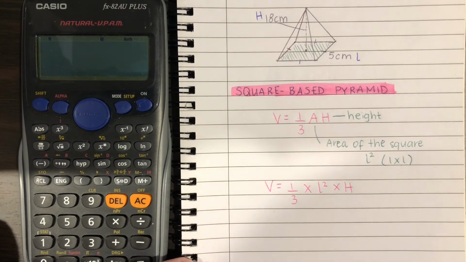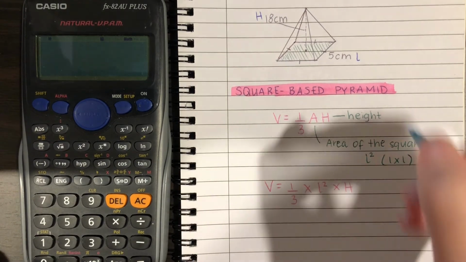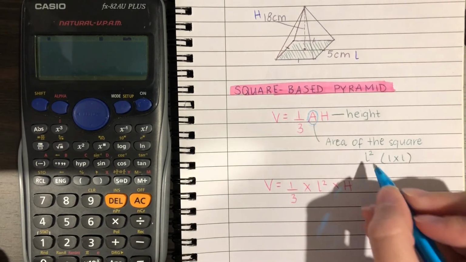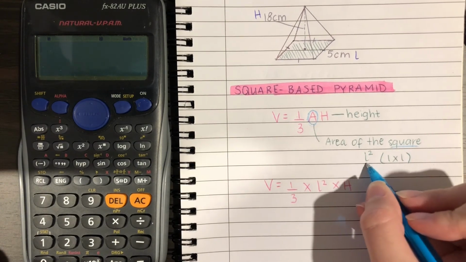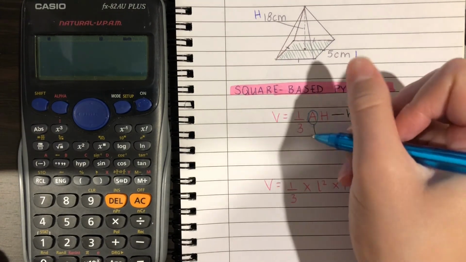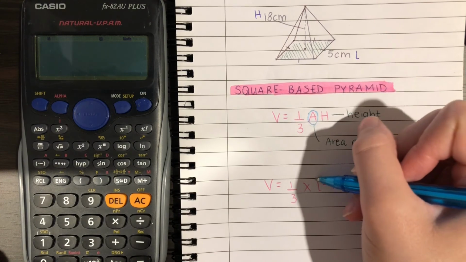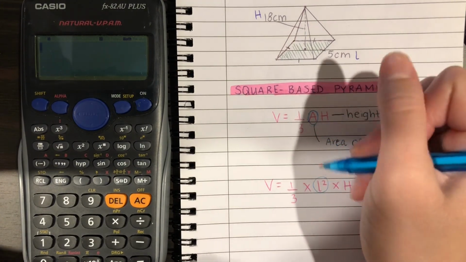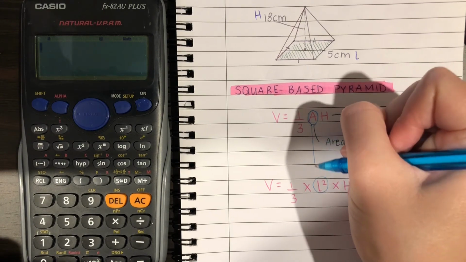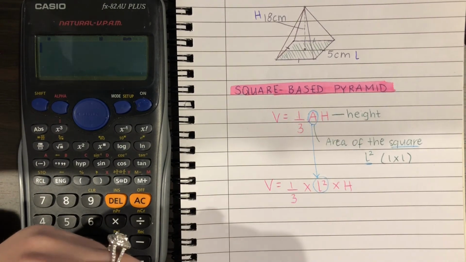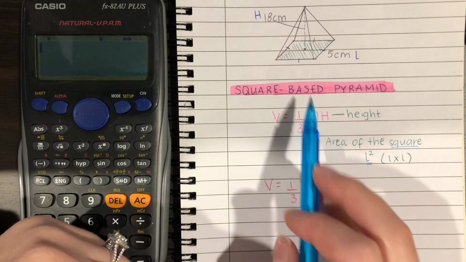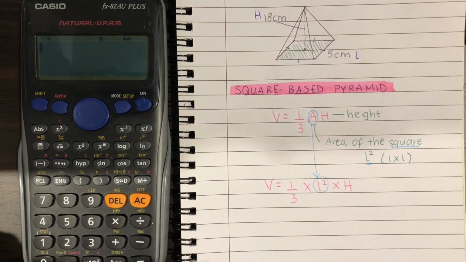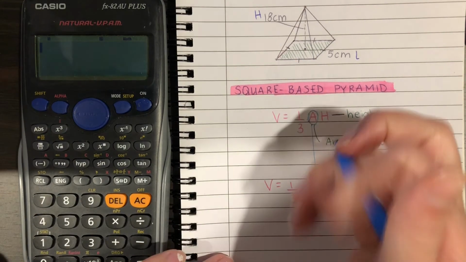So remember, all I've done is I've said the area of a square is length squared. So now I've substituted the L squared into where the A is, because length squared equals the area of that. And now we just substitute.